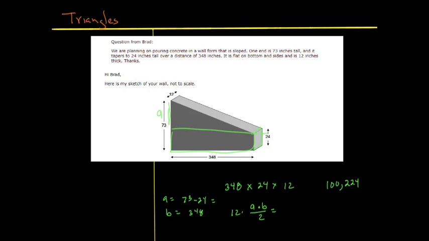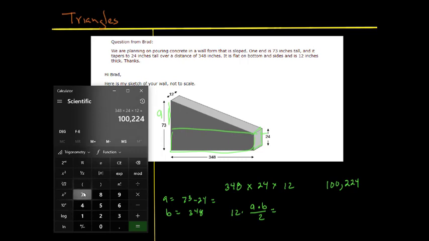We've got 73 minus 24. And remember, we had 73 inches total, but we already calculated the bottom 24 inches. So I've got 49 times our base, which is 348, which gives us 17,052.